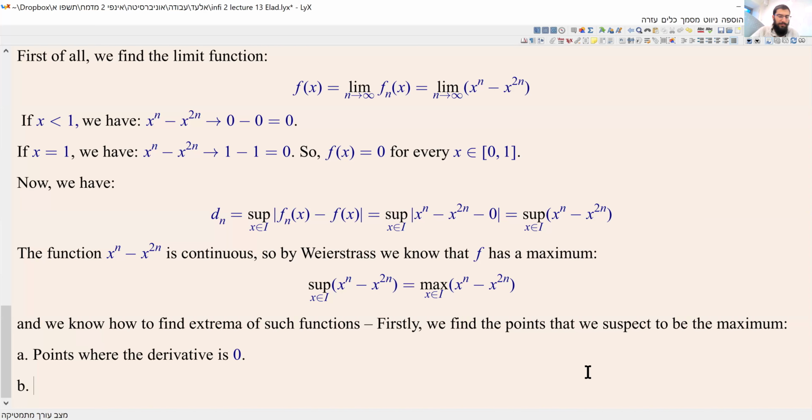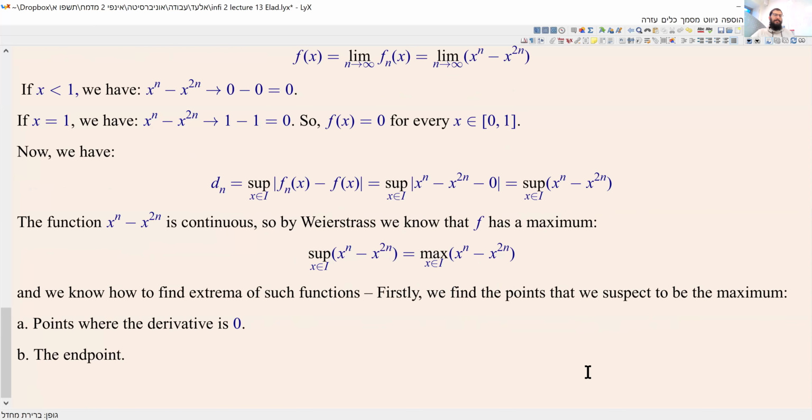The endpoints of the segment are always expected to be extrema when we look at the closed segment. And thirdly, what probably didn't happen in high school, points where the derivative is not defined. I mean, an absolute value with its spitz down there or something like that. It can happen here. We're not children anymore.